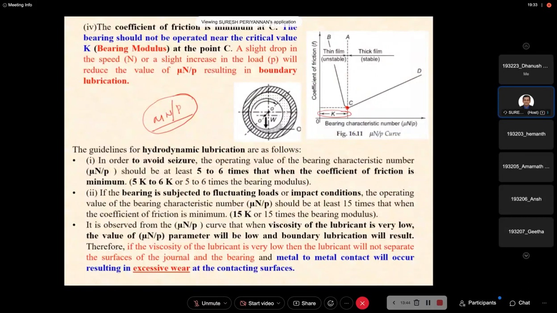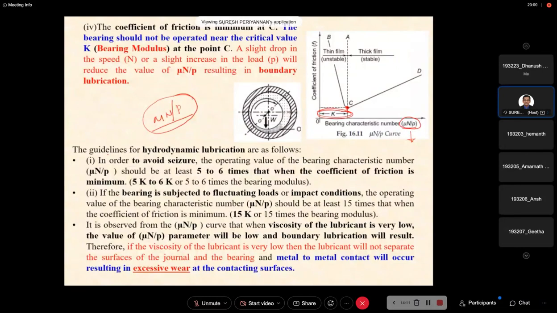So, what are the guidelines to be followed while defining the bearing modulus? We have to follow some guidelines to define our bearing characteristic number. The bearing characteristic number is nothing but mu n by p. Very important for bearing manufacturing companies. Okay. Now, what are the guidelines we should follow here?